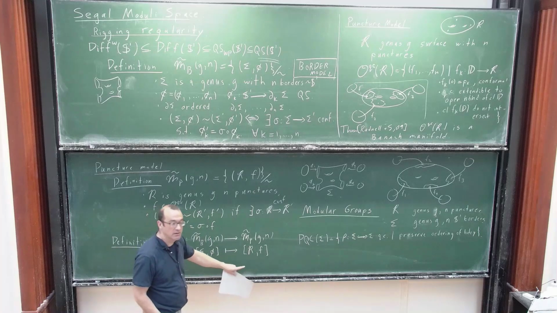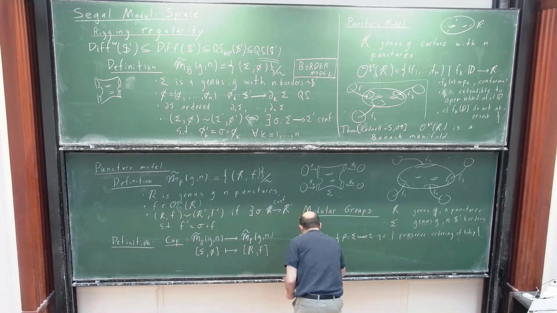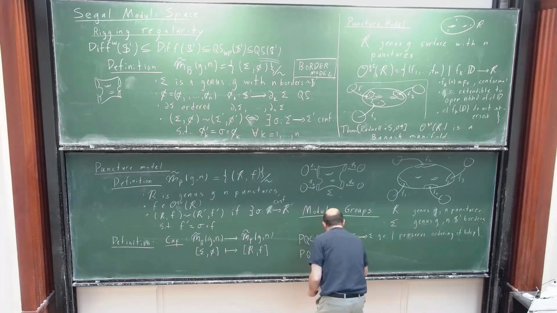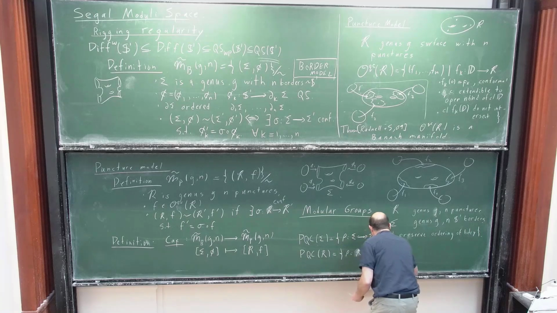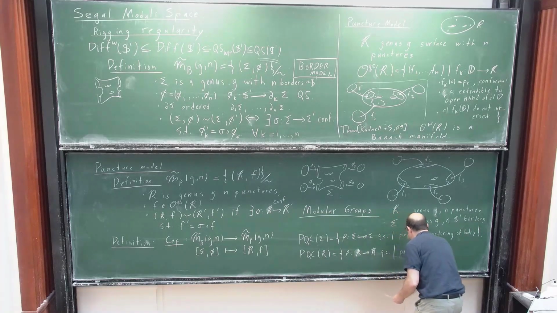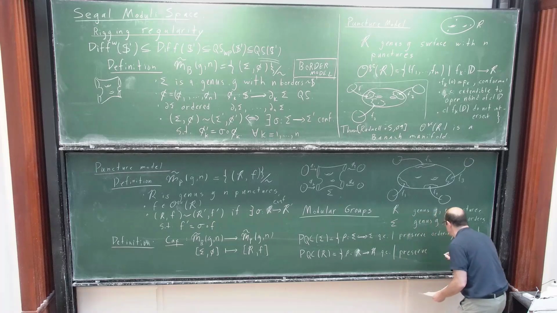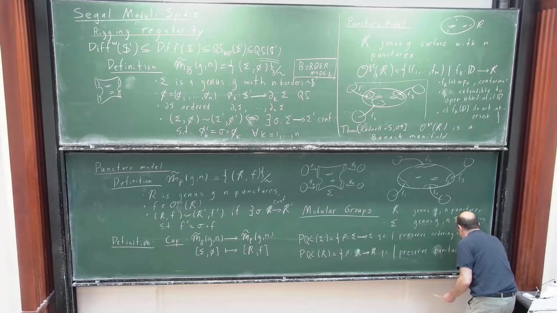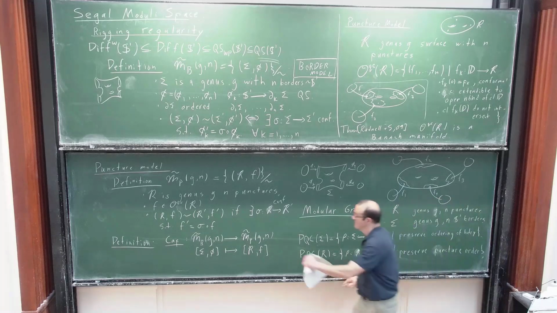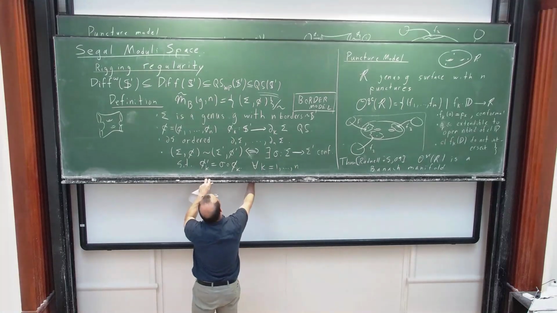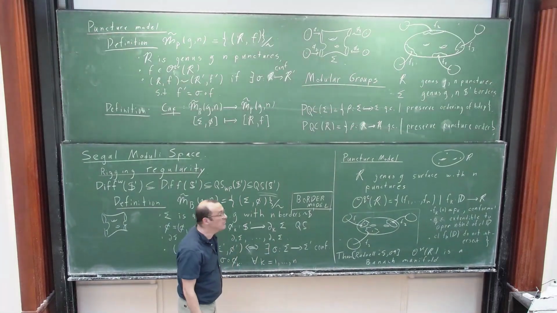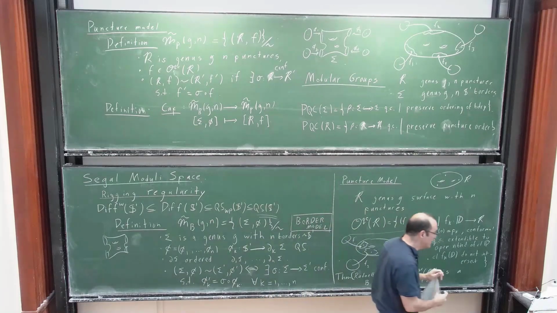It stands for pure. And so this matters. And then also, for the punctured one, same deal. It has to preserve the puncturing, the labels of the punctures. Okay? And I just need to mod out by the trivial ones. So you want to mod out by those which are homotopic to the identity because their action is going to be trivial.